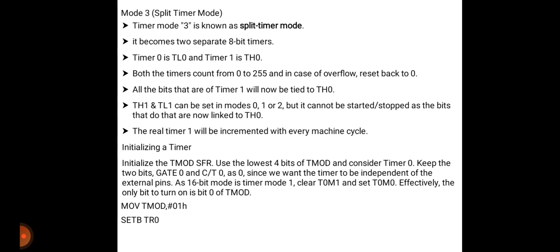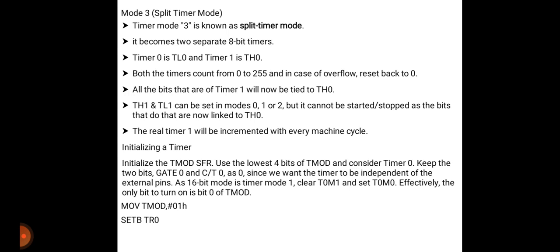Keep the bits GATE0 and C/T as 0, since we want the timer to be independent of all external pins. For 16-bit mode, that is timer mode 1, clear T0M1 and set T0M0. Effectively, the only bit to turn on is bit 0 of TMOD.